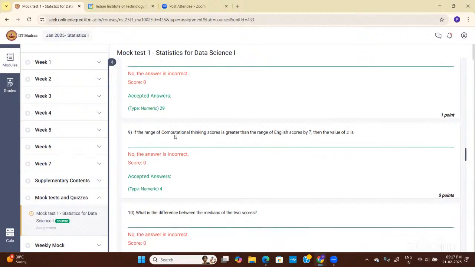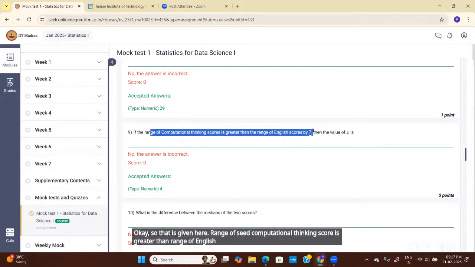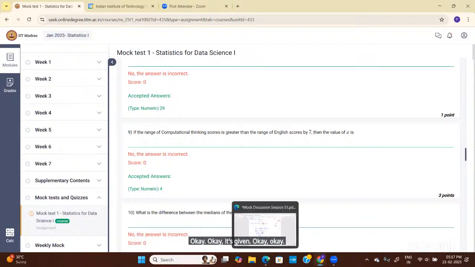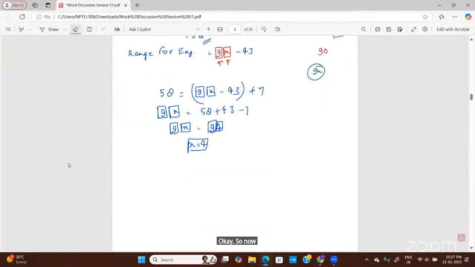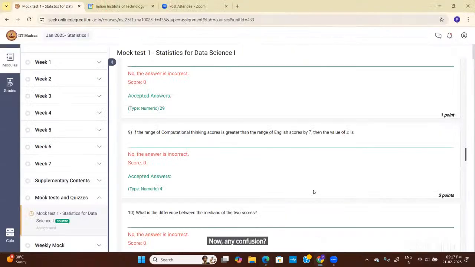That is given here: the range of the computational thinking score is greater than the range of the English score by 7. So now you can compare here that at the place of x it is 4. Any confusion? No, ma'am. Is it clear?